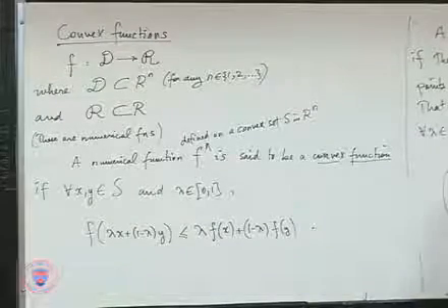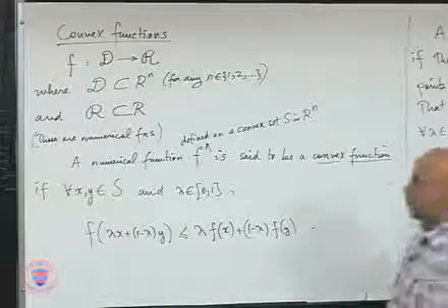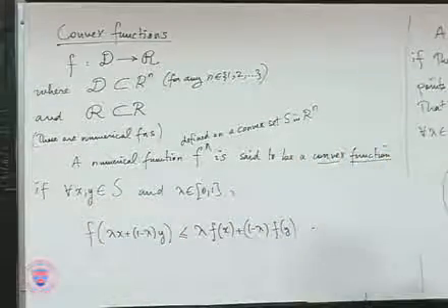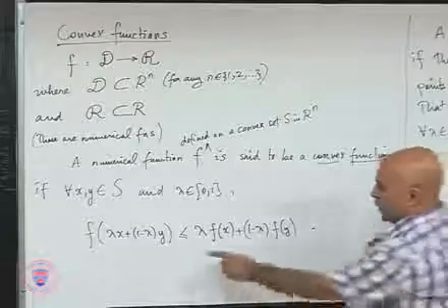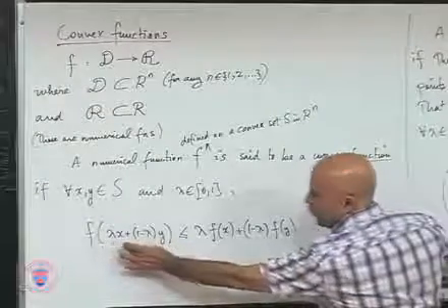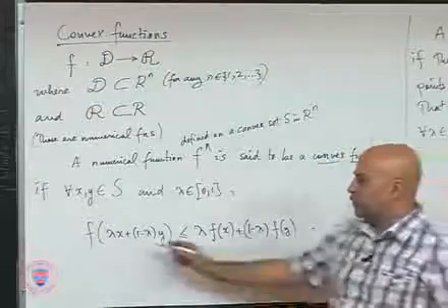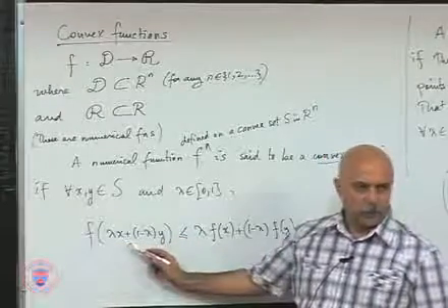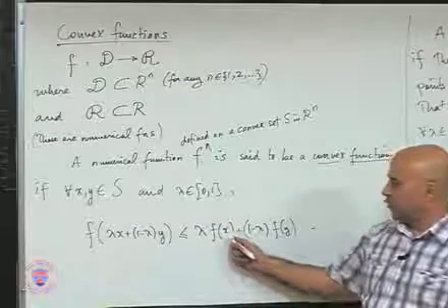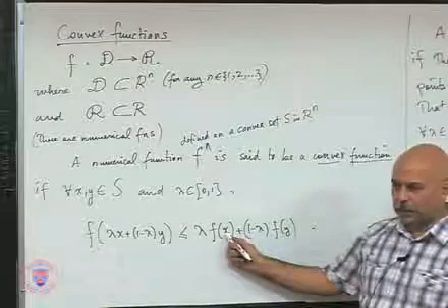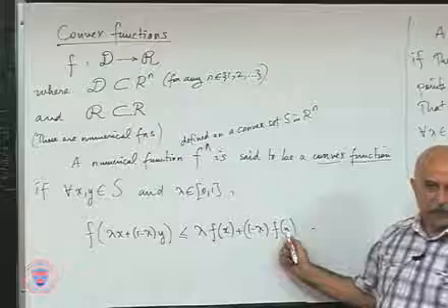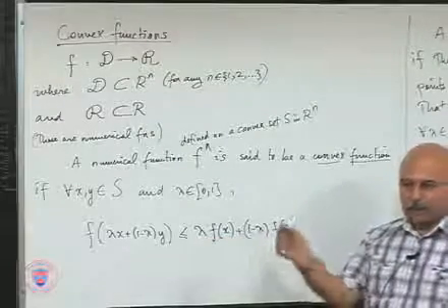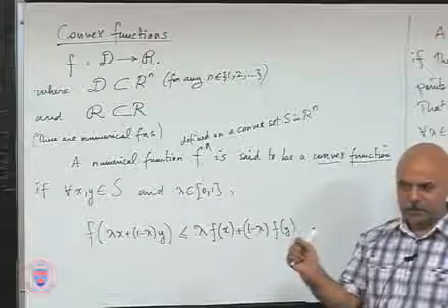So, this definition says whenever you take 2 points in the domain and some lambda between 0 and 1, when you find the convex combination of those 2 points, that's a new point, you evaluate the function f, you get a number. On the right side, you first evaluate f at point x, and then you evaluate f at point y, and then you take the convex combination of the evaluations, the functional outputs.